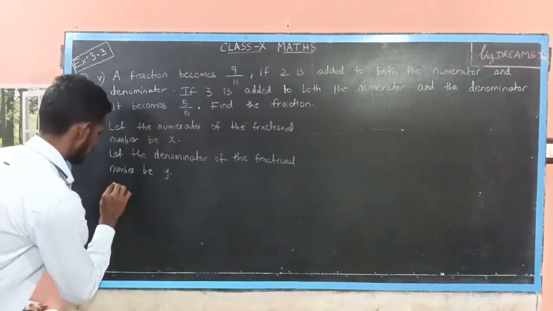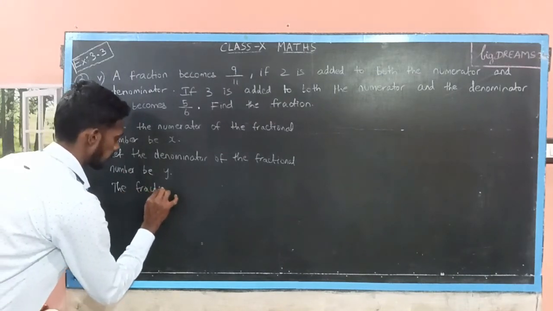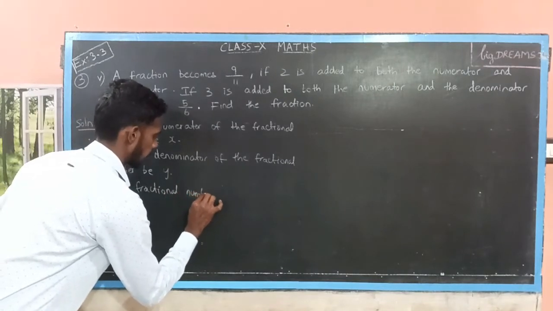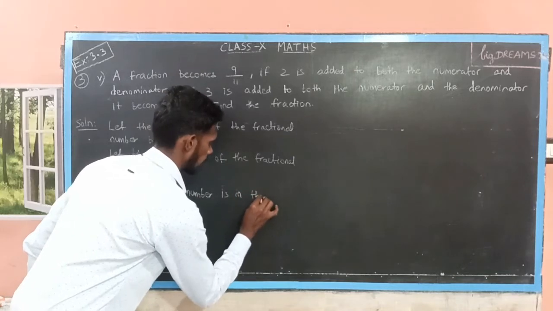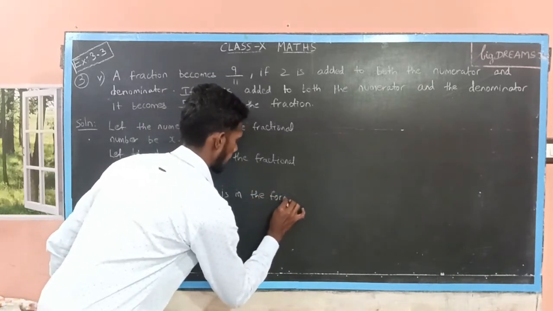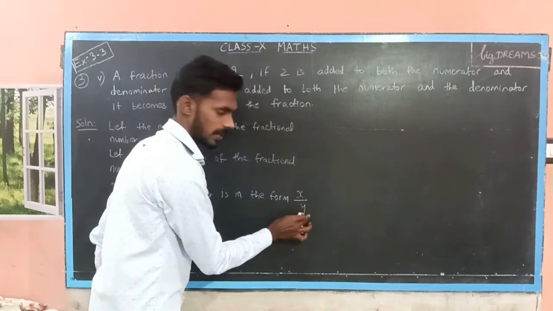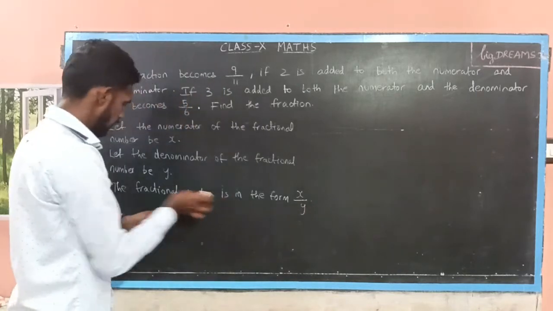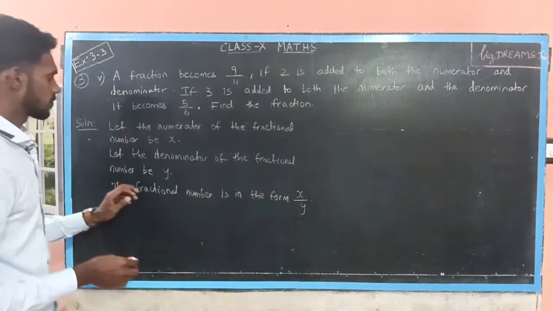Now the fractional number is in the form x by y, numerator by denominator. We have to find this x by y representation to give the fractional number. Let's solve.